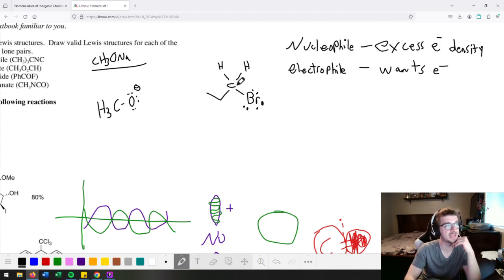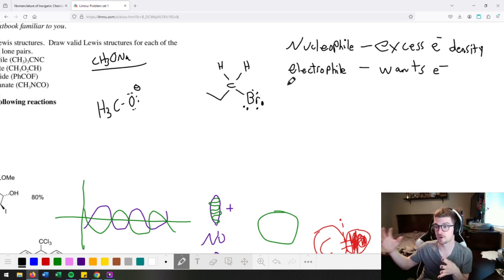So in the case of our alkyl halide here, bromine is more electronegative than carbon. So it pulls harder on electrons because it's trying to get them closer to itself.